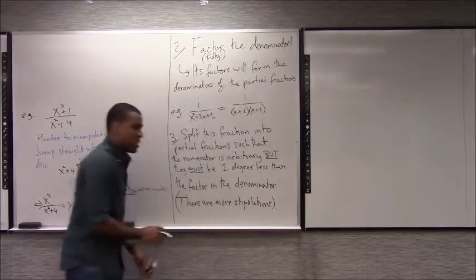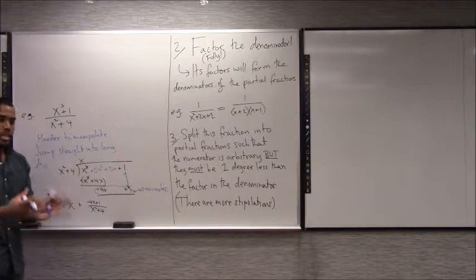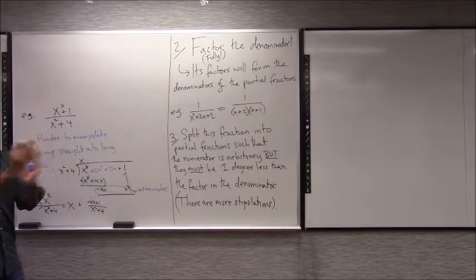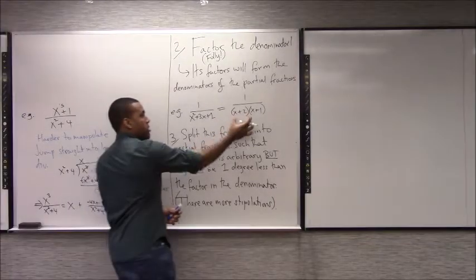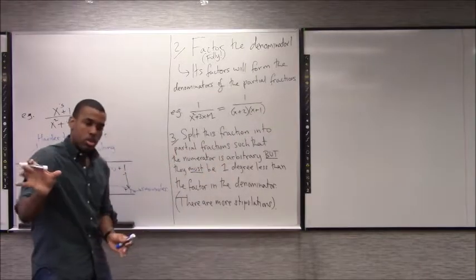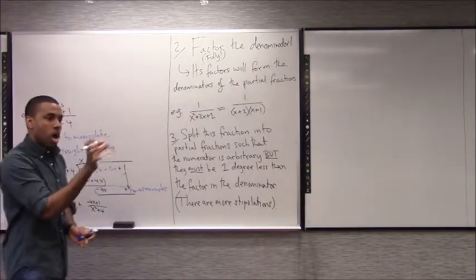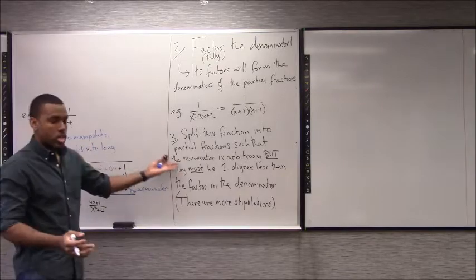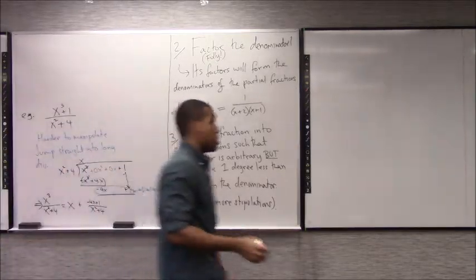There are more stipulations to consider, but that's going to be the basic idea of what you're aiming for. You're going to break this into a bunch of fractions where each of the factors in the denominator is the denominator of one of those fractions, and the numerator is some arbitrary expression that is 1 degree less than the denominator. So what do I mean by that?